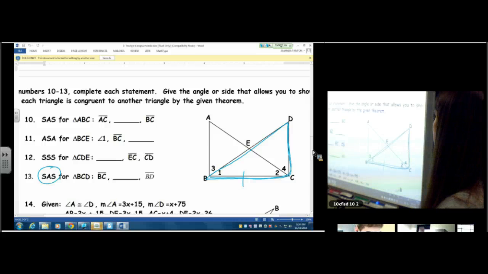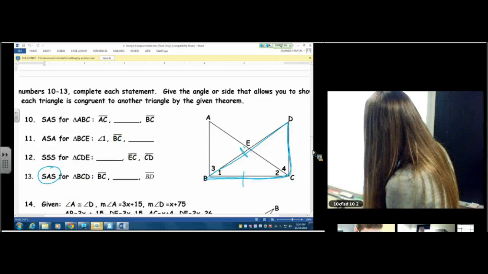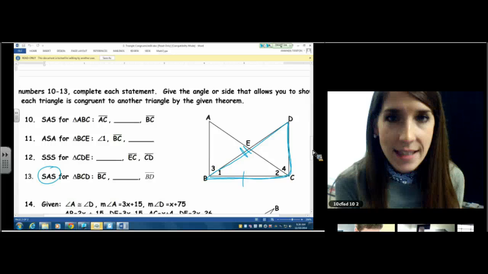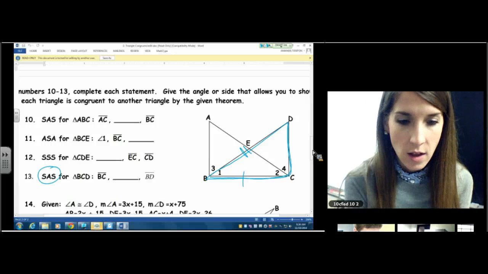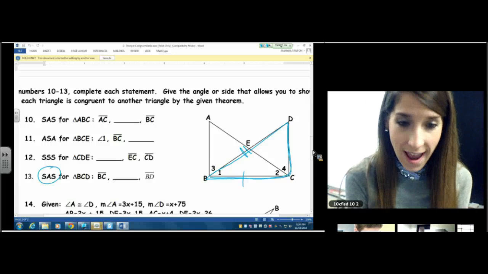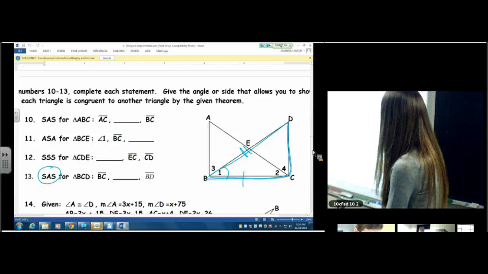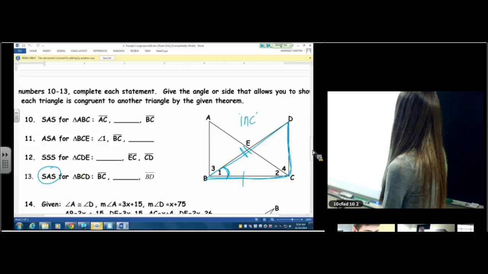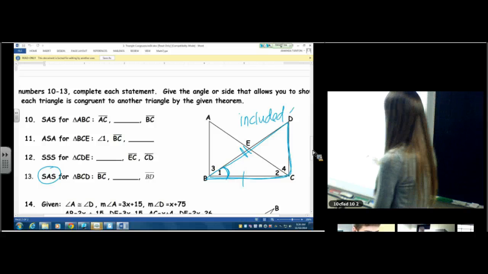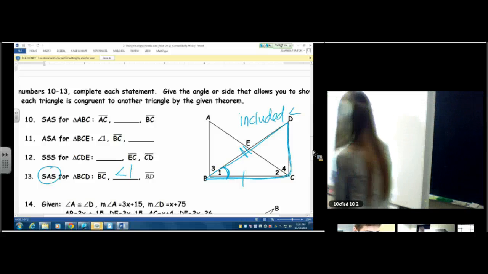They gave us BD, put a tick mark. And now it has to be side, angle, side. So there's only one angle that needs a marking on it. It's this angle right here. It has to be the included angle.